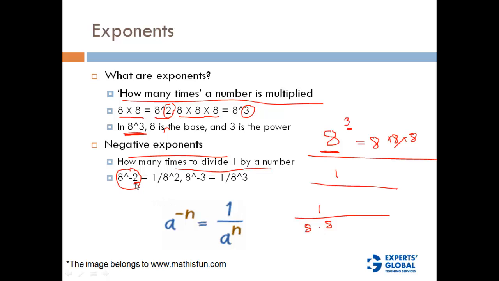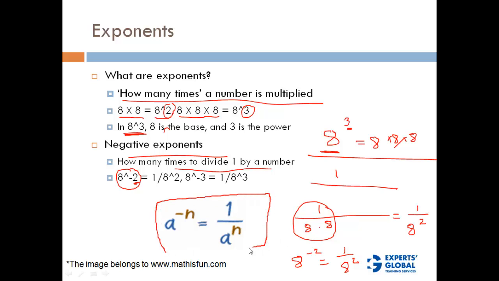So 2 times I have to divide 1 by 8. So what I get is this. You will also see that 8 raised to minus 2 is the same as 1 divided by 8 raised to 2. So we get this general formula: a raised to minus n is equal to 1 divided by a raised to n.